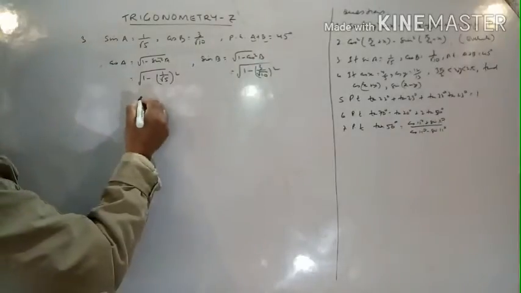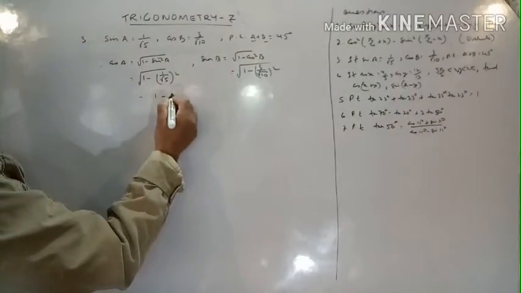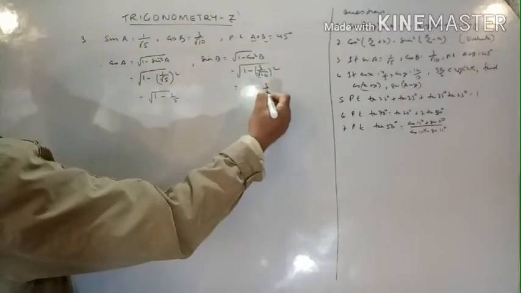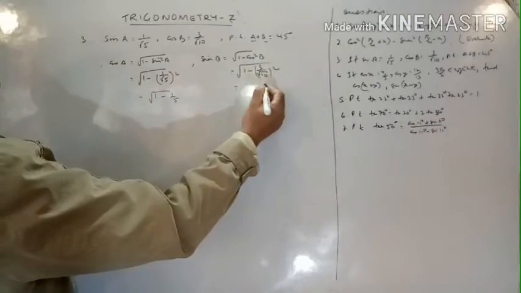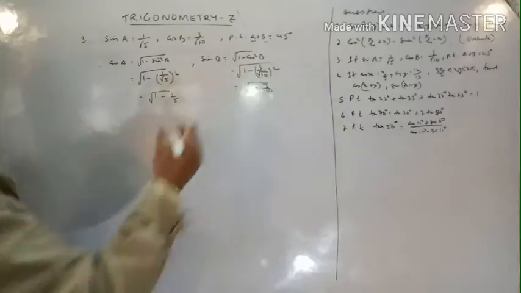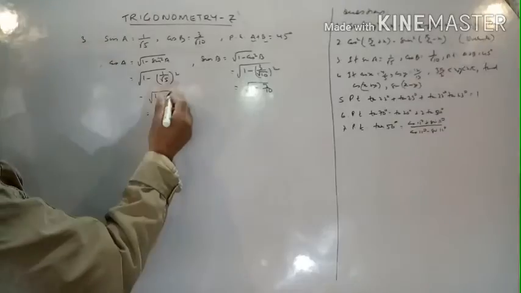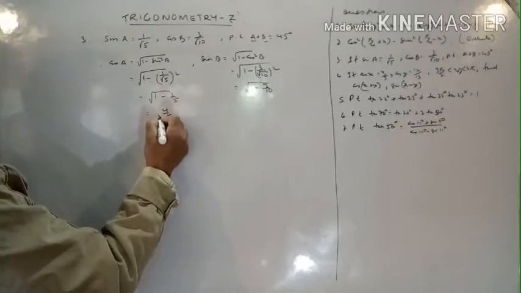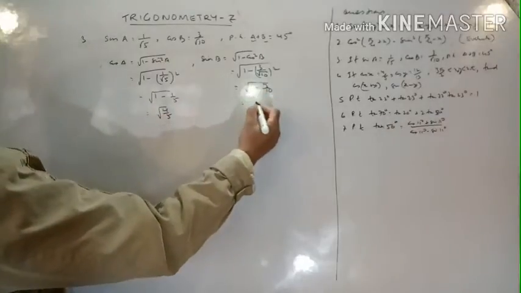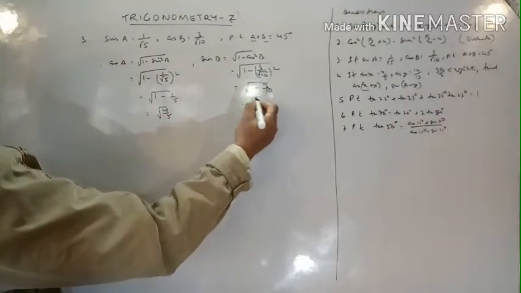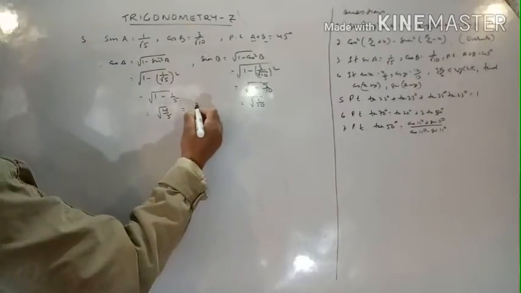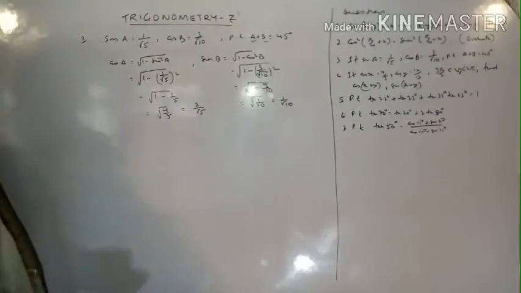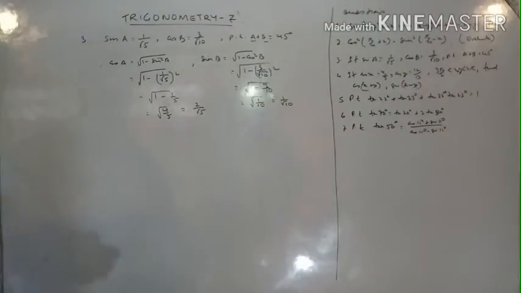So 1 minus 1 by 5 is 4 by 5 under root, and 1 minus 9 by 10, because 3 square is 9, is 1 by 10 under root. So cos A is 2 by root 5, and sine B is 1 by root 10. Now we have all the values.